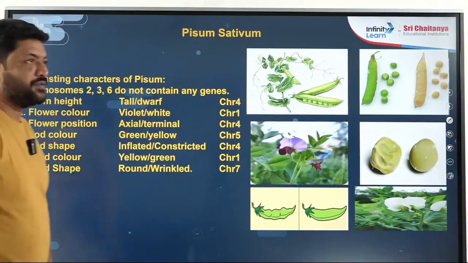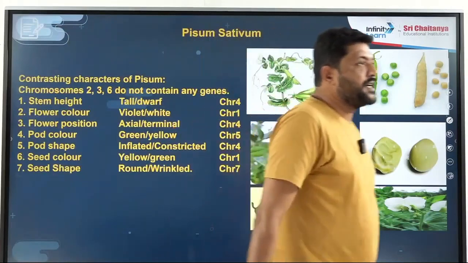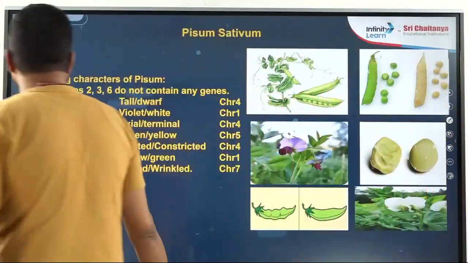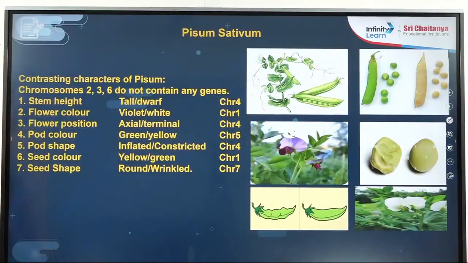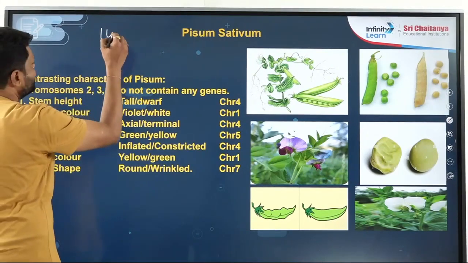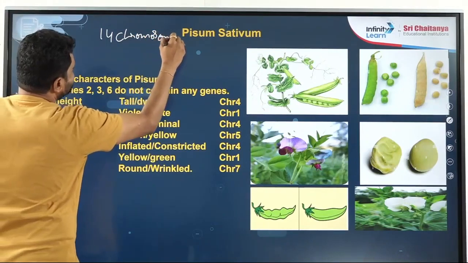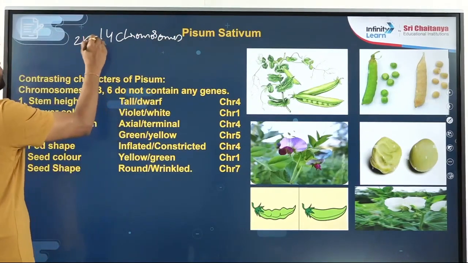So let us understand Pisum sativum. In Pisum sativum, the contrasting pairs are on chromosomes, and chromosome numbers 2, 3, 6 do not contain any of these genes. Pisum sativum has 14 chromosomes, 2n is equal to 14.